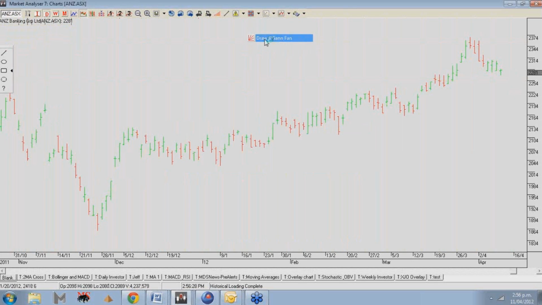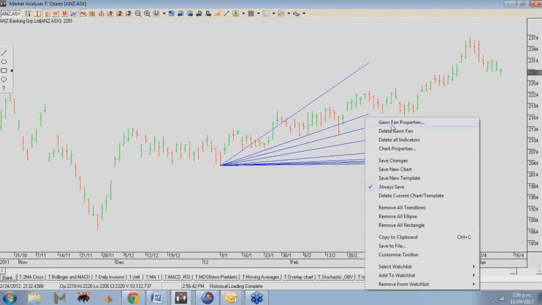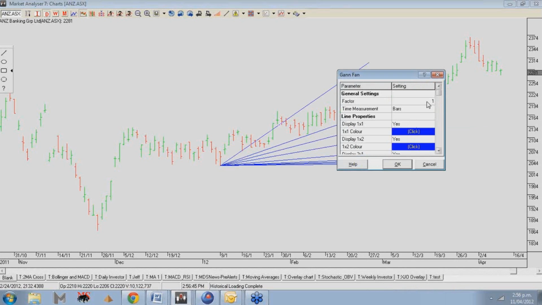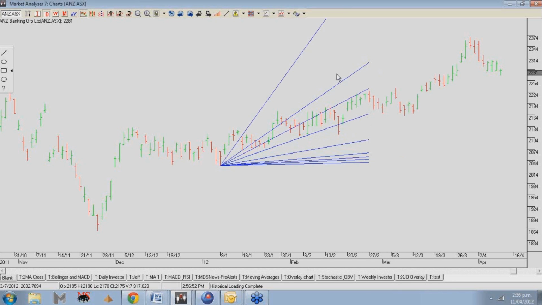Also got in here the GAN fan. You select a range, holding down your left mouse, and it draws the fan. And again, you can adjust the properties to various factors here to change the parameters within the fan. So for 2 to 1, and that's the ratios through there. And the other GAN tools in there, just remove that one.